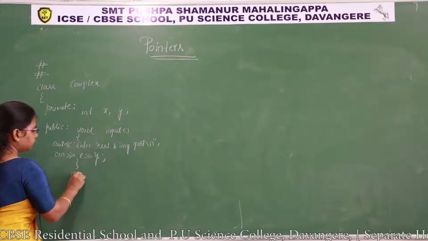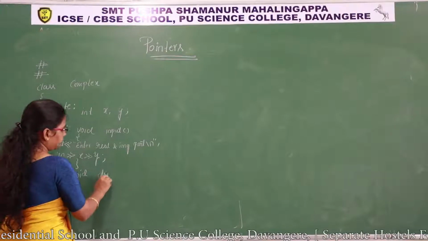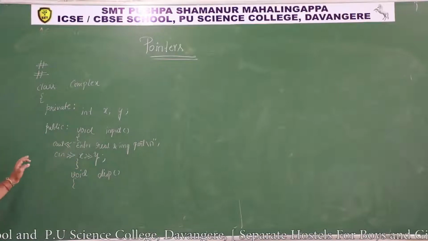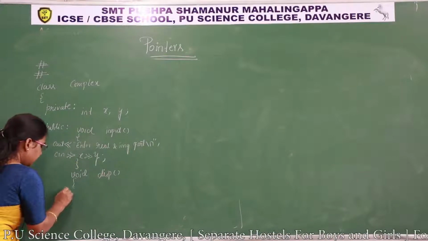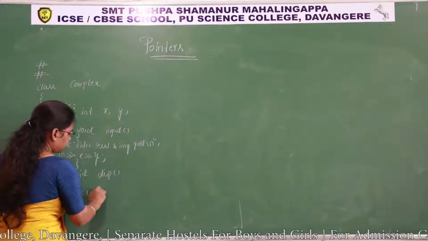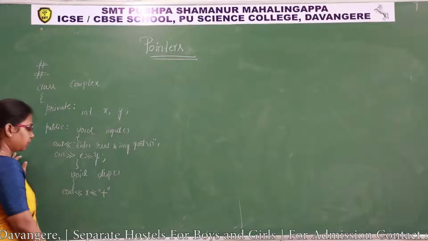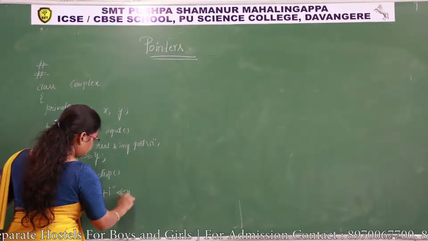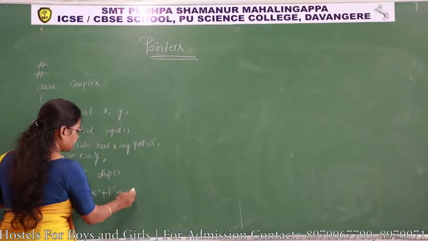Now void display. I am going to display the complex number format. cout insertion x plus, which has to display as it is, so I have to write within double quotes plus i, and y, semicolon.